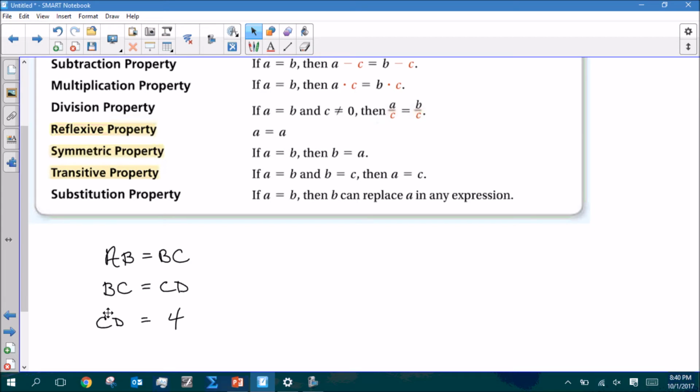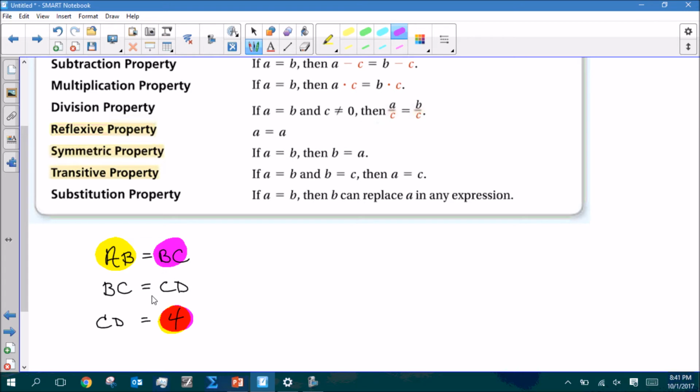But CD is the same thing as 4. So in its purest form, the transitive property says that AB is now 4, because we're able to link AB to BC, BC to CD, and CD to 4. But really what can happen is I can say anything. BC is 4, because BC goes to CD and CD is 4.